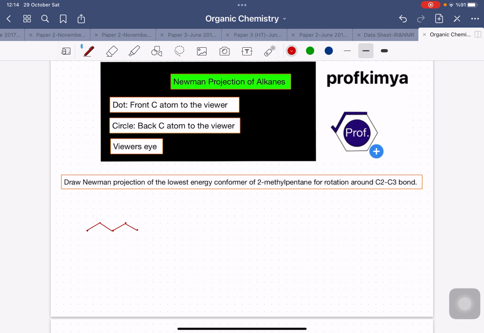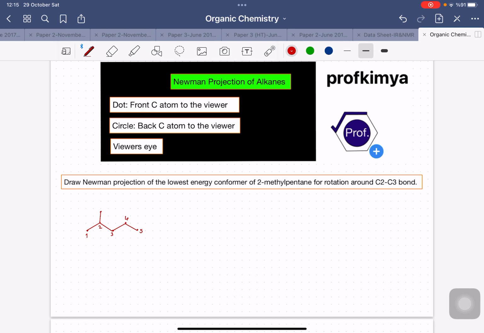At the 2 position, let me number this molecule. 1, 2, 3, 4, 5. At the 2 position, there is a methyl group. Okay, that is the methyl group, just only 1 carbon.